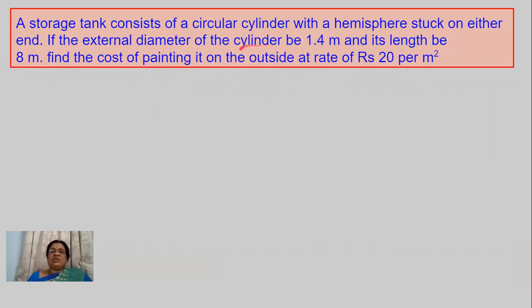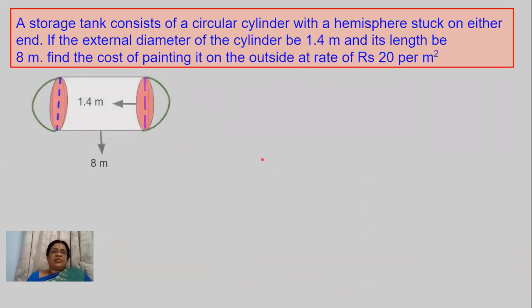See here carefully, outside he is mentioning. So outside at the rate of rupees 20 per meter square. First we'll draw the diagram of how it will be. See here the storage tank. One cylinder is there and two hemispheres stuck on either side of the cylinder.